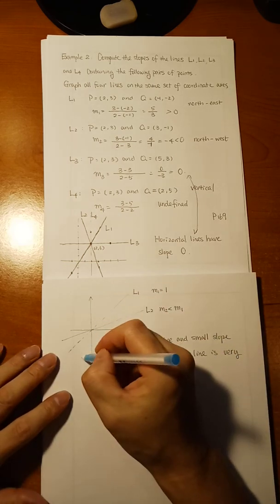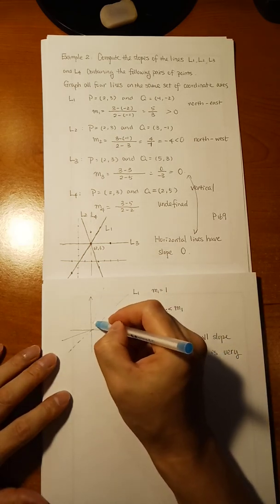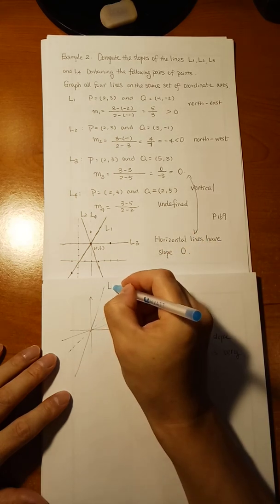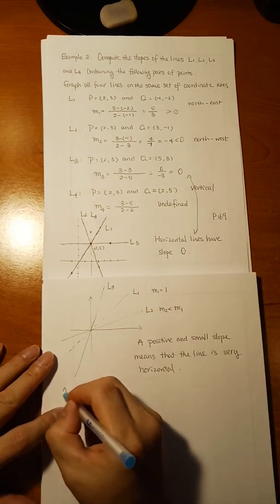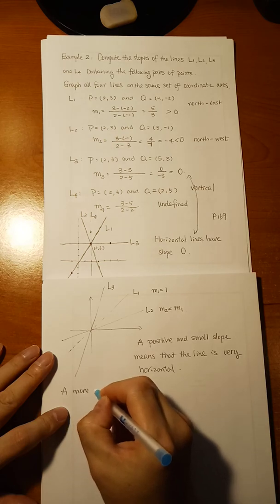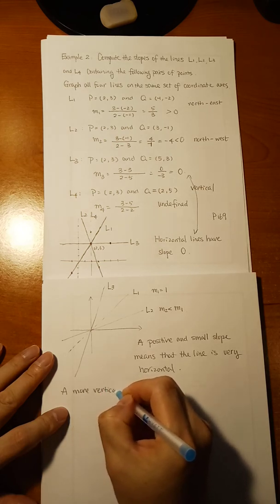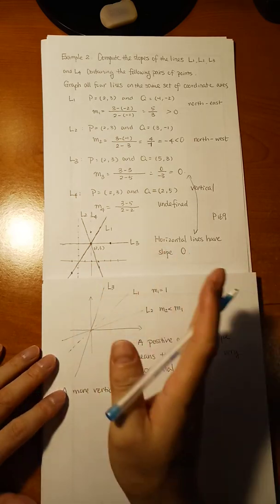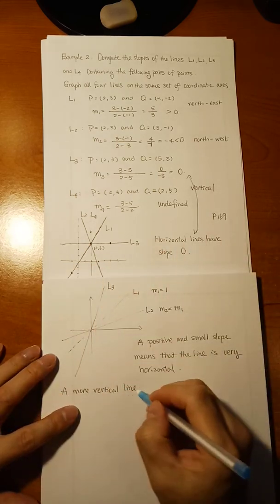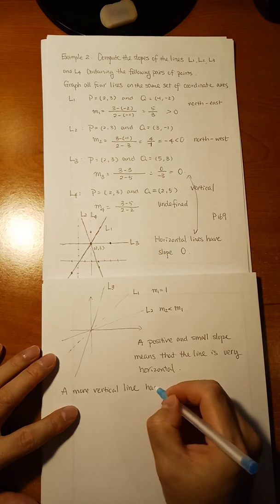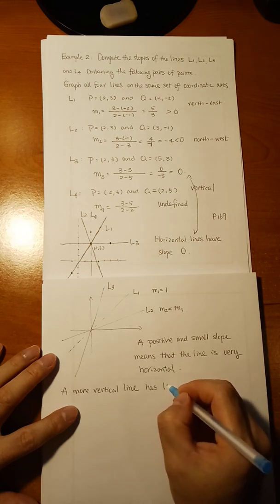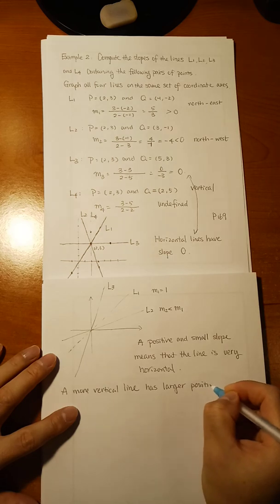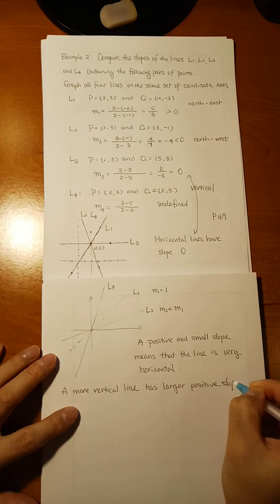And if you have a more steep, more vertical line, well, I'm talking about heading to the northeast, okay? A more vertical line has larger positive slope.